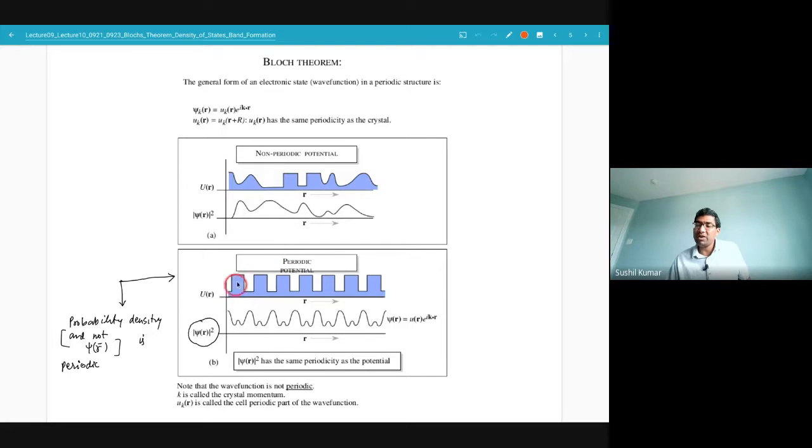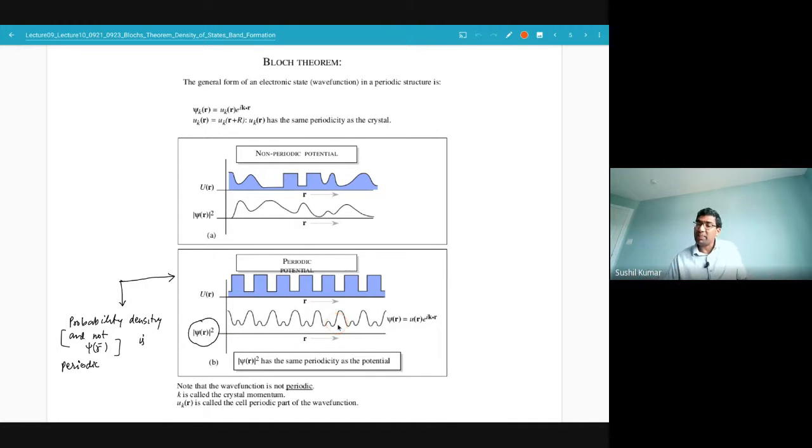But if in your MATLAB code you give this periodic potential on the bottom of your screen, once you write this code, you can not only make two wells, but you can make multiple wells and solve for it. And you will find, interestingly, but not surprisingly, that the wave function is also periodic.